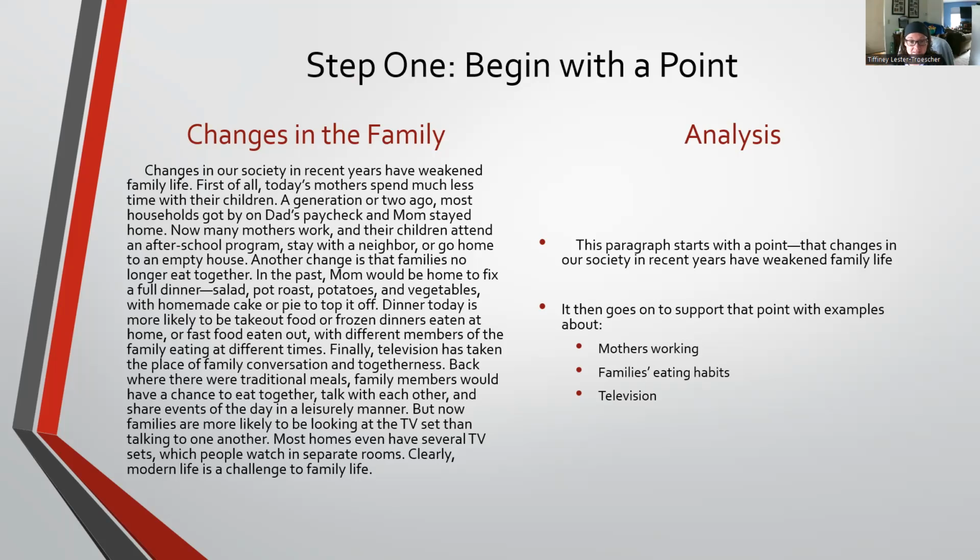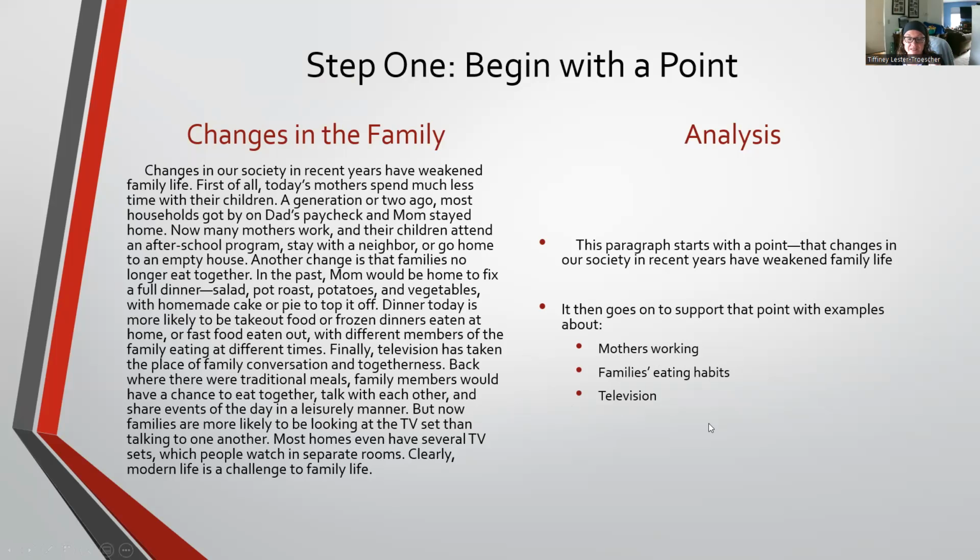He supports that point with three main ideas: how mothers work now, families' eating habits have changed, and how television has affected family life. And when he talks about how moms have to work now, everything in that section relates directly to mothers working. And everything in that section helps support the topic sentence.